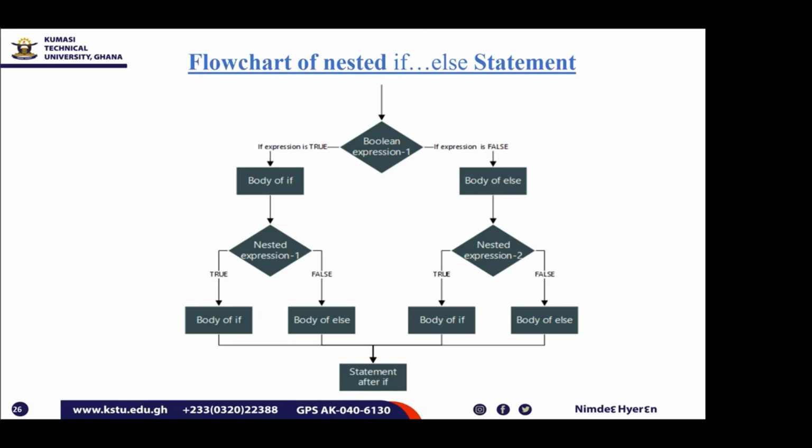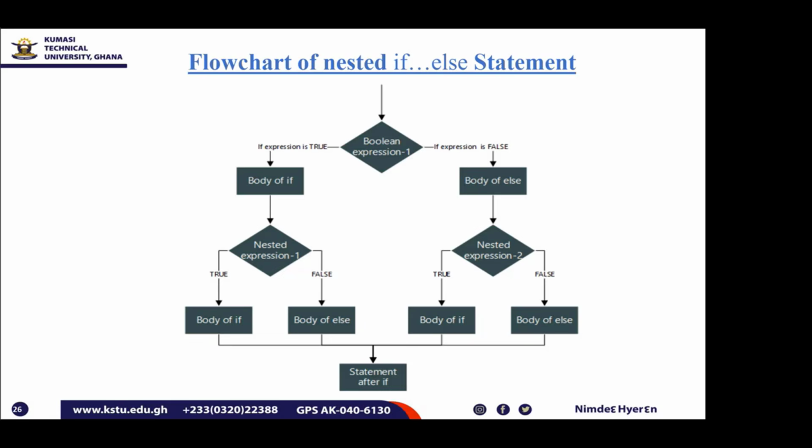So you have Boolean expression 1. And once the Boolean expression 1 is true, then the body of if would take control over the execution. And then the nested expression is now looked at. If the nested expression is also true, then the body of if is executed. But if it is false, then the body of the else is executed.